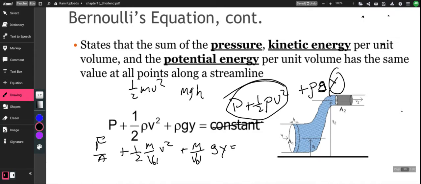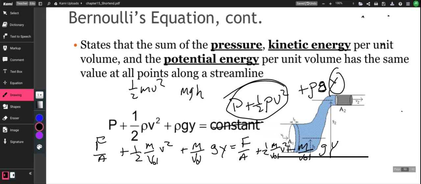That has to equal, and what is on the right side is exactly the same thing: force over area plus 1/2 the mass over the volume times velocity squared plus the mass over the volume times gravity times y. Same equation on the left and the right.